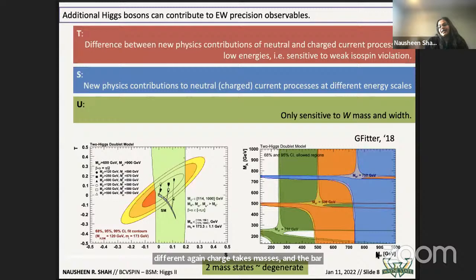And the bottom line is that whilst these additional Higgs bosons can have large contributions to these electroweak precision tests, if two of the additional mass states are approximately degenerate, then these constraints can be very minimized. But again, whenever you're building new stuff, you need to make sure that you take all of this stuff into account. Now, the next thing is the fermion couplings.